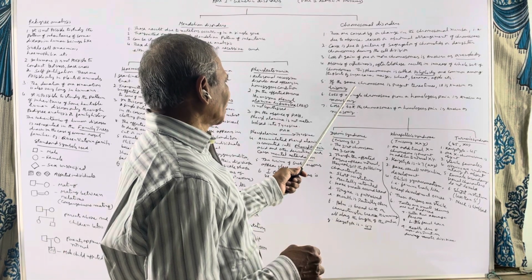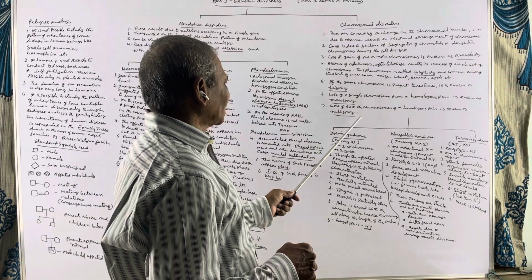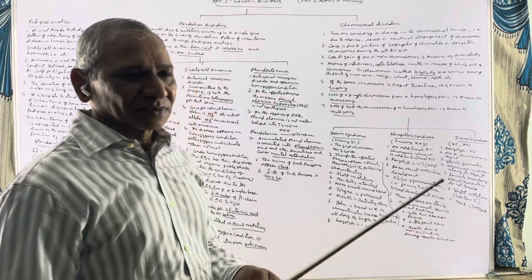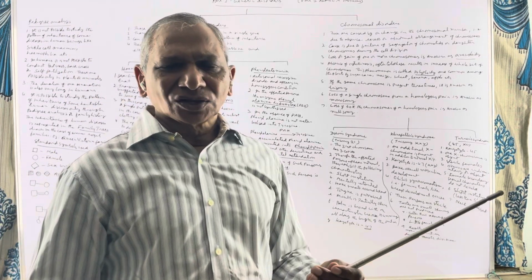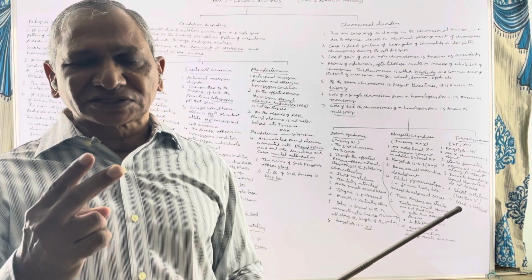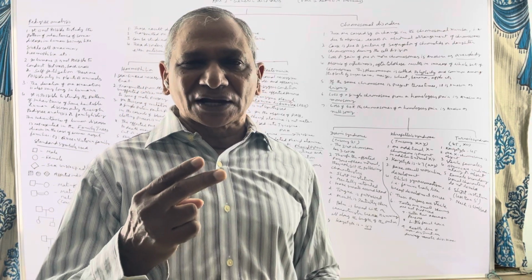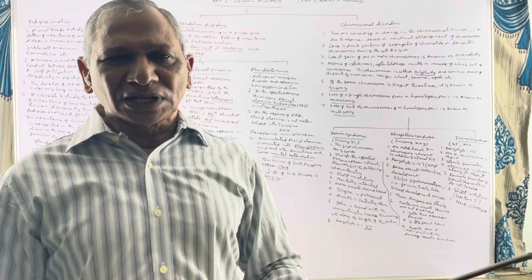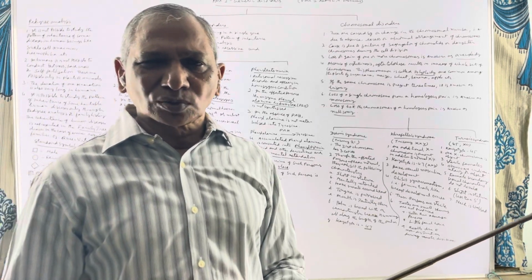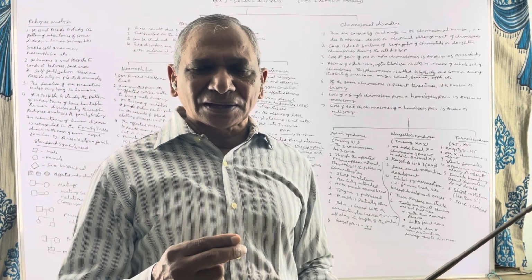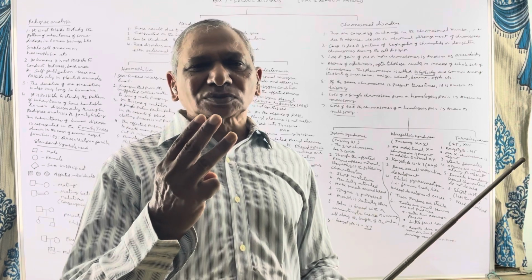Then there are 3 more terms you have to remember. Trisomy. Usually we have chromosomes in the form of sets. Set means homologous pair. So usually homologous chromosomes occur in pairs, but sometimes instead of 2, 3 chromosomes occur in that set.